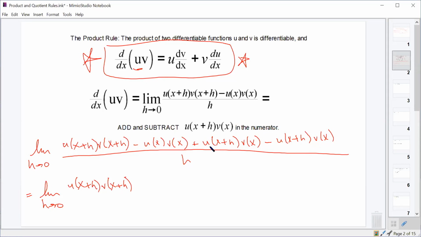Anybody have an opinion on which one, the third one or the fourth one? The fourth one. Okay, let's just give that a shot and see what happens.